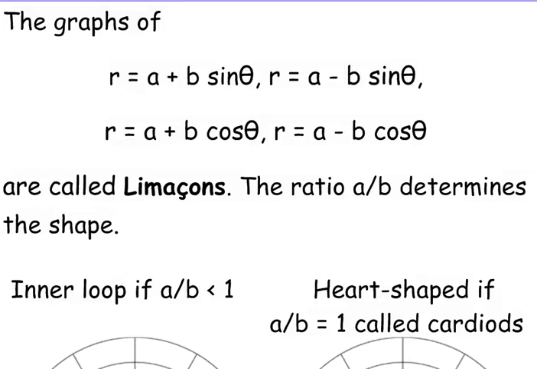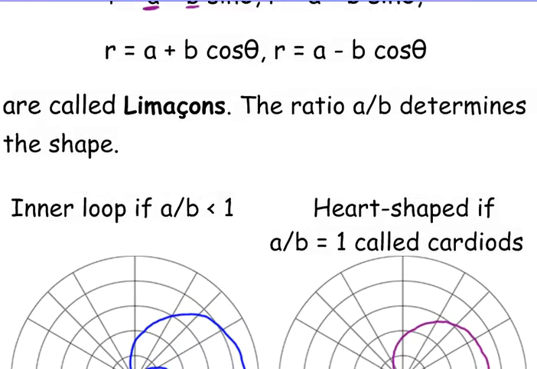So it's almost like a circle, but you're adding or subtracting something in front of or after the trig ratio. The ratio a over b, when you take the constant by itself and put it over the coefficient, determines the shape of the limacon.